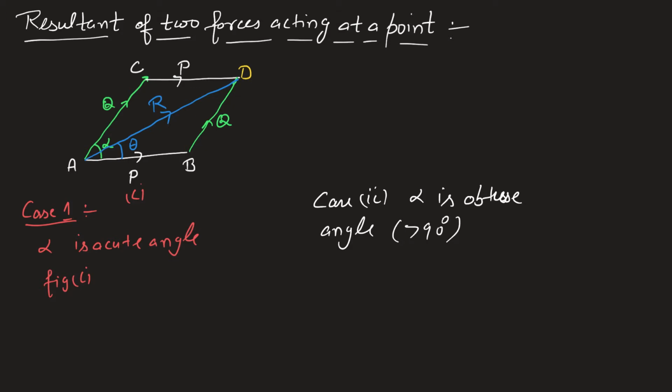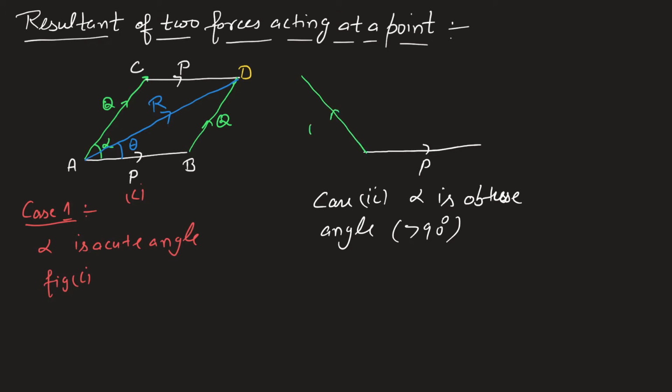So in that case what will be the figure? Forces will still remain the same. This will be force P. Now since the angle is greater than 90, this will be something like that.